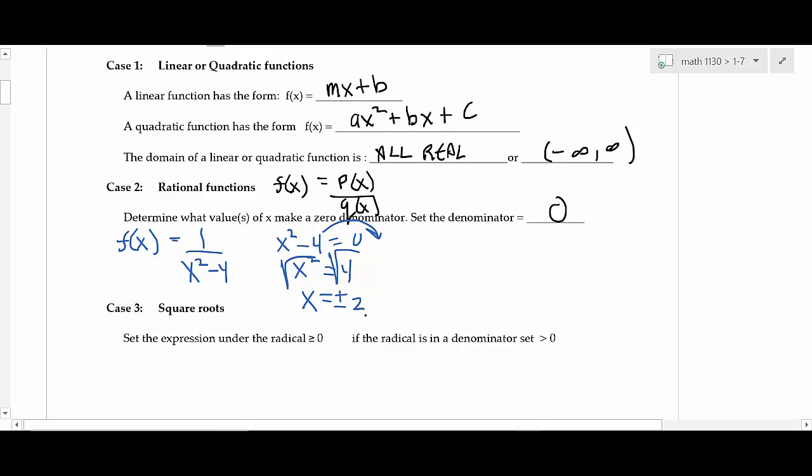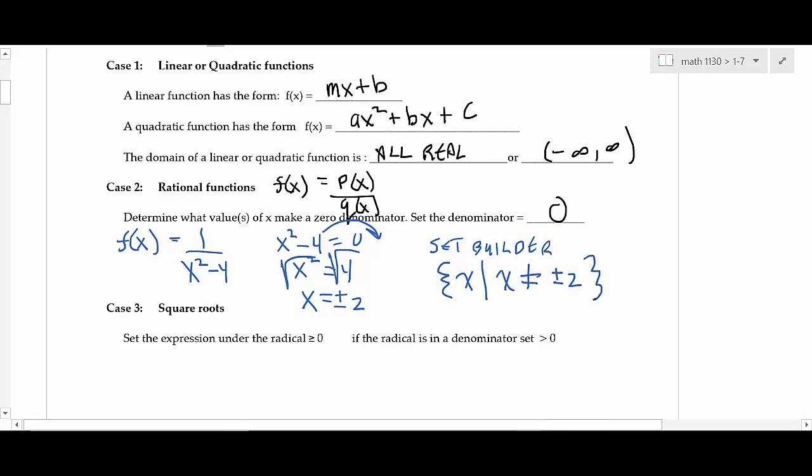And then you would write the domain like this. There's two ways to do this. First thing I'm going to talk about is what we call set builder notation. We'll get to this a little bit later. If I ask for set builder, you put a set brace, then you say x, and then a bar, then you just say x is not equal to plus or minus 2.